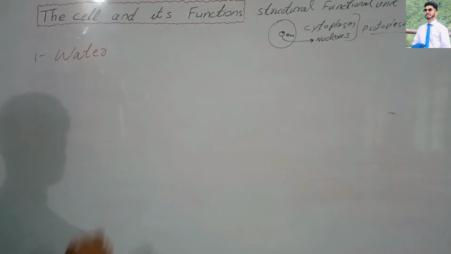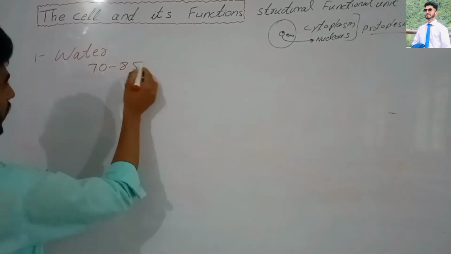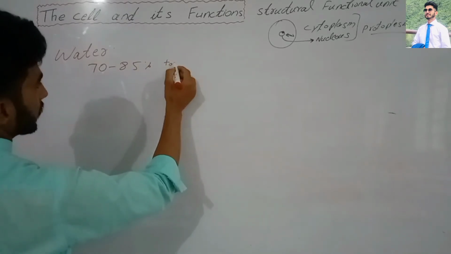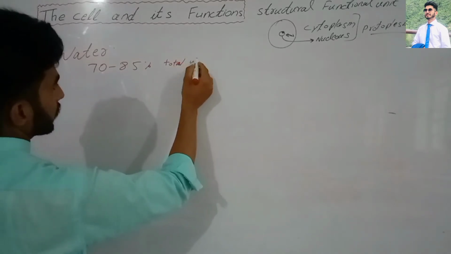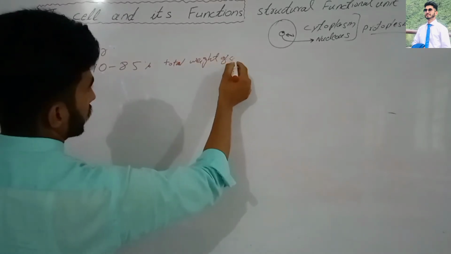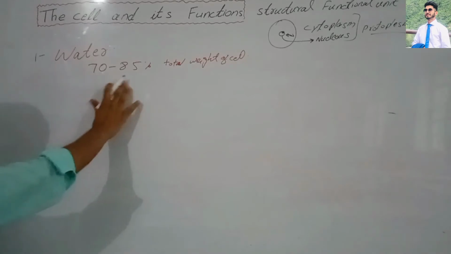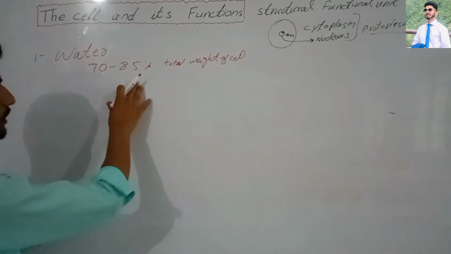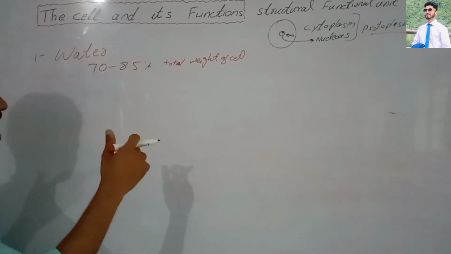Water is 70 to 85% of the total weight of the cell, and water also contains different chemicals and ions.